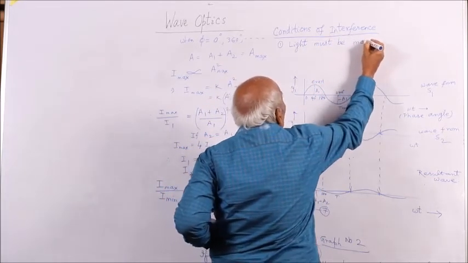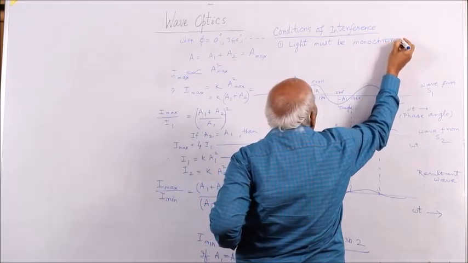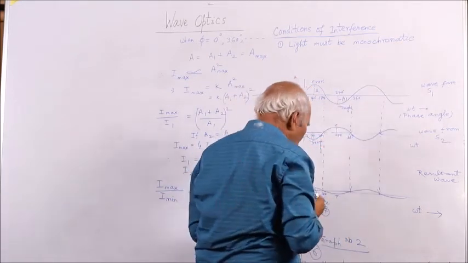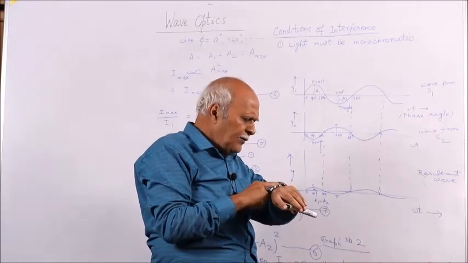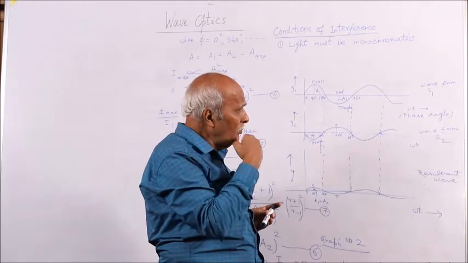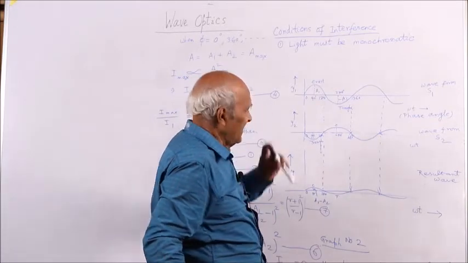The light to be used must be monochromatic. So, what is the meaning of monochromatic? Monochromatic means single color and single wavelength. Single color and single wavelength, and how to get these things.